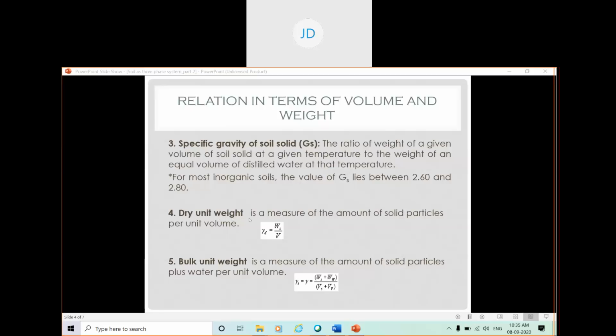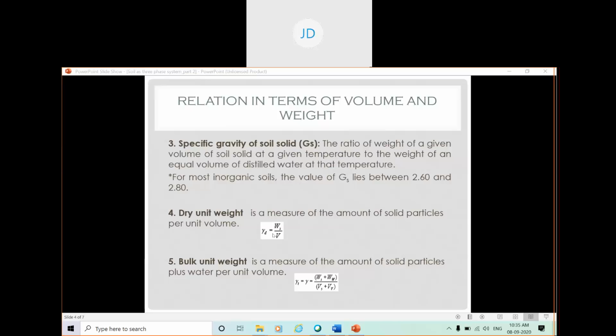So dry unit weight is a measure of the amount of solid particles per unit volume. That means it represents the weight of solid, Ws, weight of solid particles, not weight of soil, per unit total volume. Here you can also write capital V.